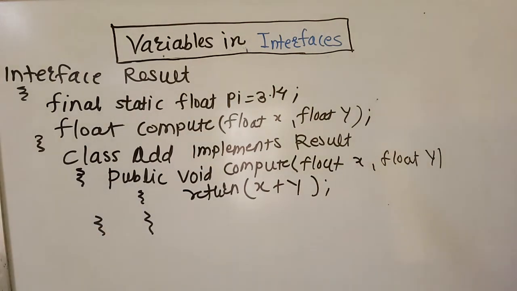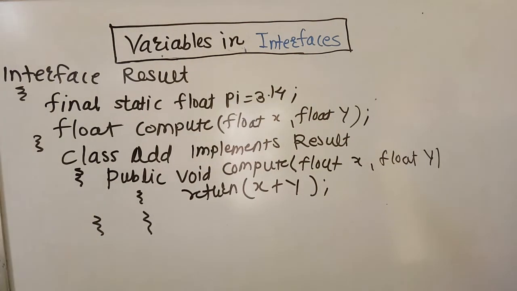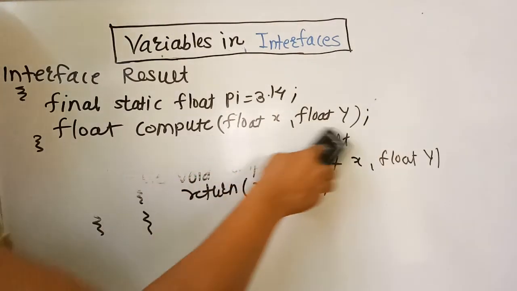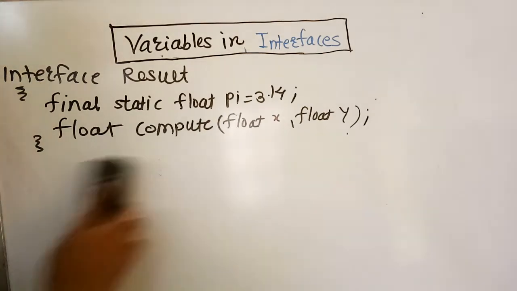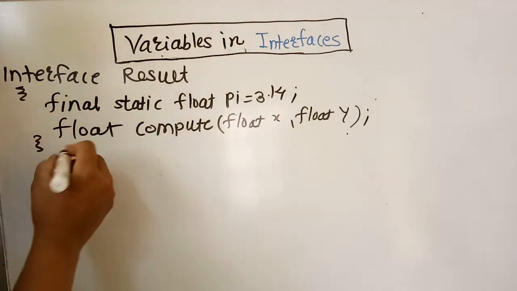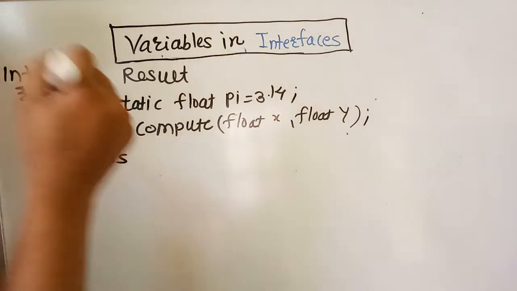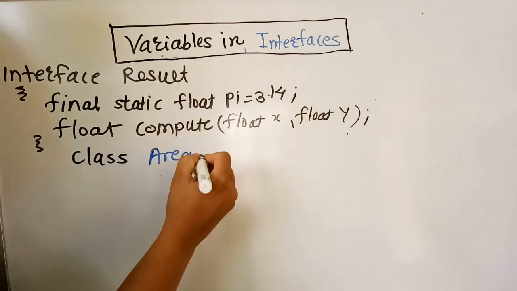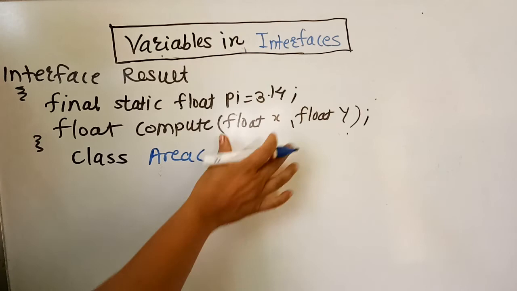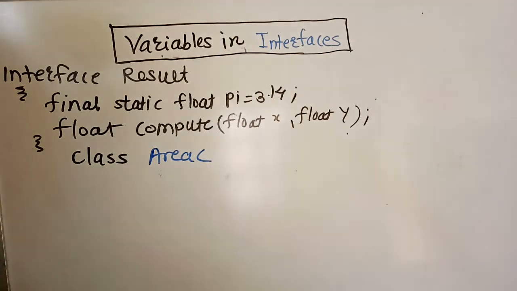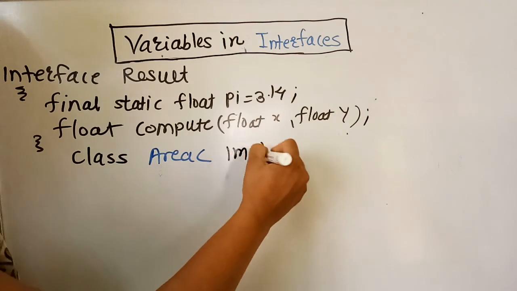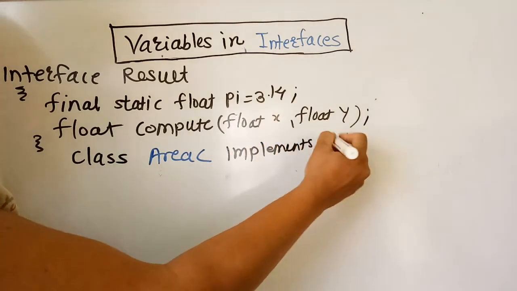Now we will create another class which will implement the result interface. For example, I will create one class, and that is nothing but the area of circle. Then which interface will it implement? Definitely the result interface.